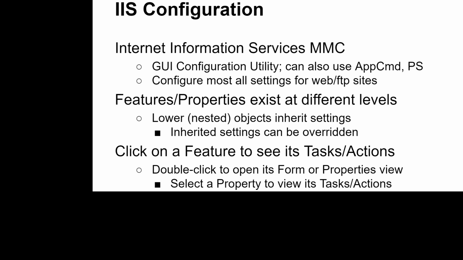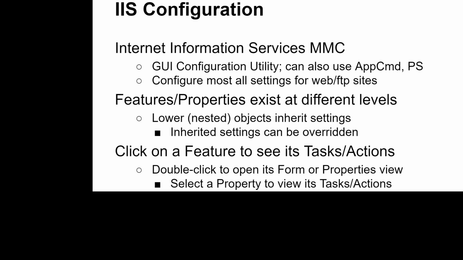Remember that anything in the lower nested settings is inherited from the higher level settings, but each one of the lower level settings or objects can always override. You can deny the inheritance and override what the defaults were at the higher level.